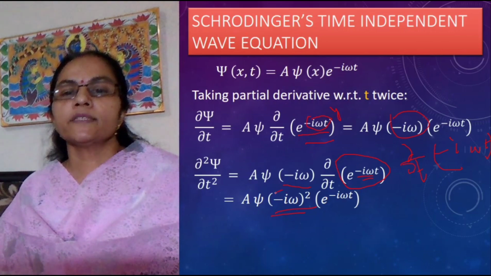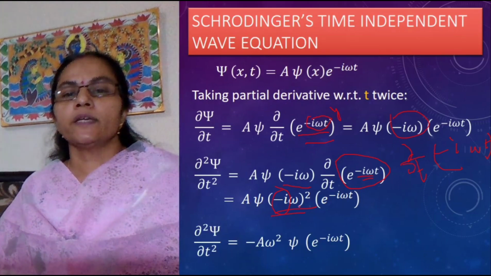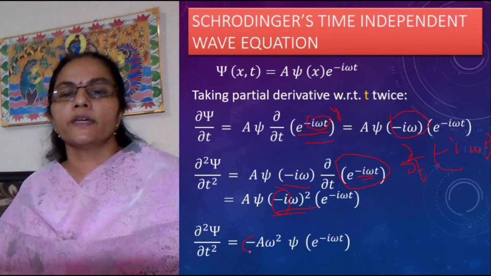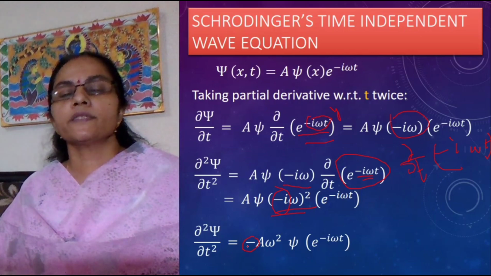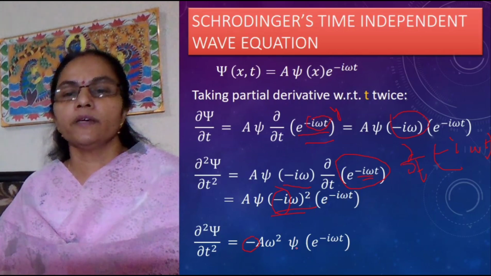And what is this? I can write this as i square omega square, and i square is nothing but minus 1, so here we are getting a minus sign over. So del square psi by del t square is equal to minus a omega square psi into e to the power minus i omega t.